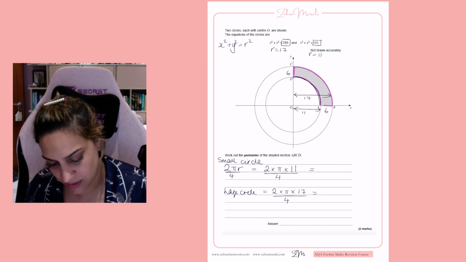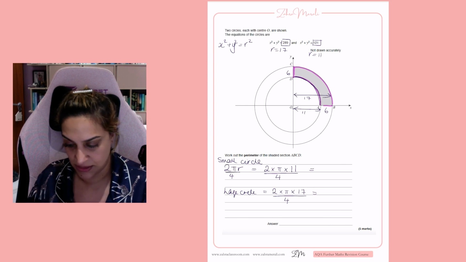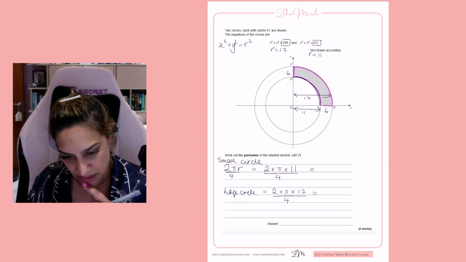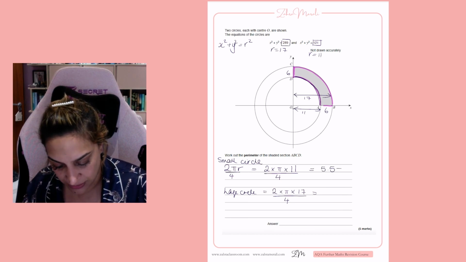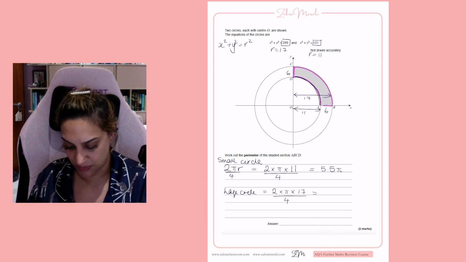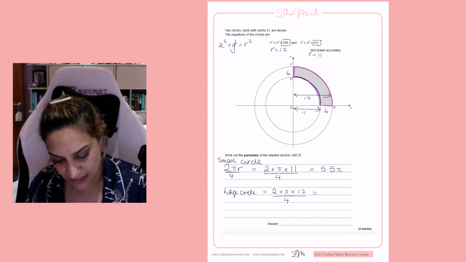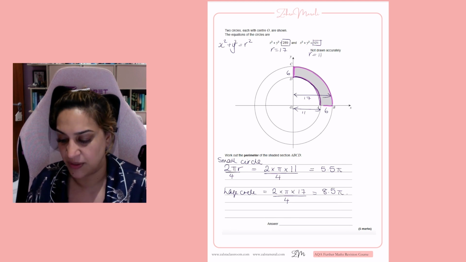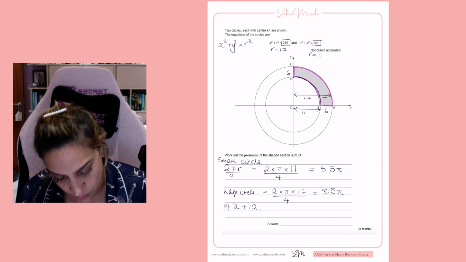So when I add those up, we can leave it as 5.5 pi, and 2 times pi times 17, so 17 times 2 divided by 4 gives us 8.5 pi. So we're going to get 8.5 plus 5.5, so 14 pi plus 12.